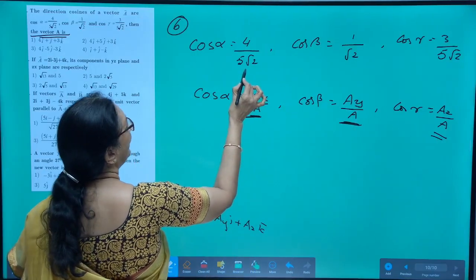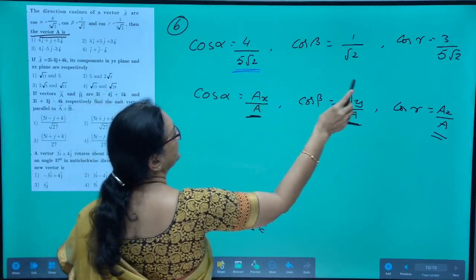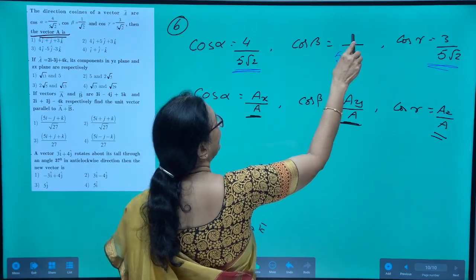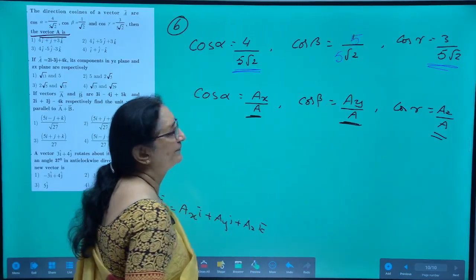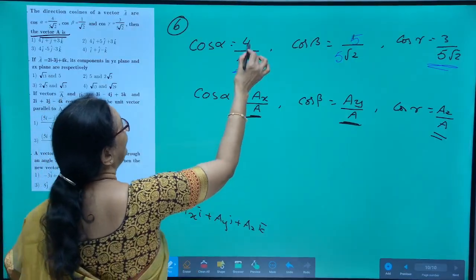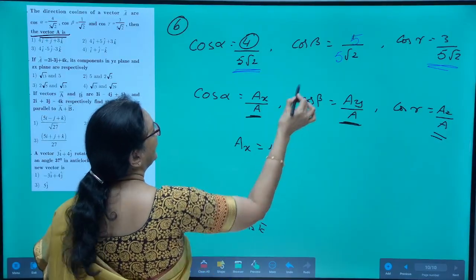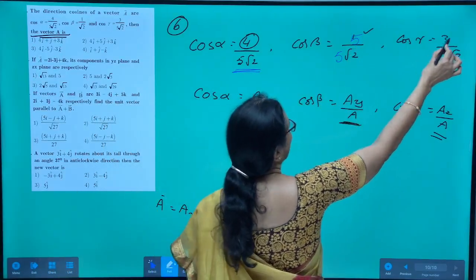So, here to make the denominator common, this has to be multiplied and divided with 5, right? Then ax is 4, ay is 5, az is 3.